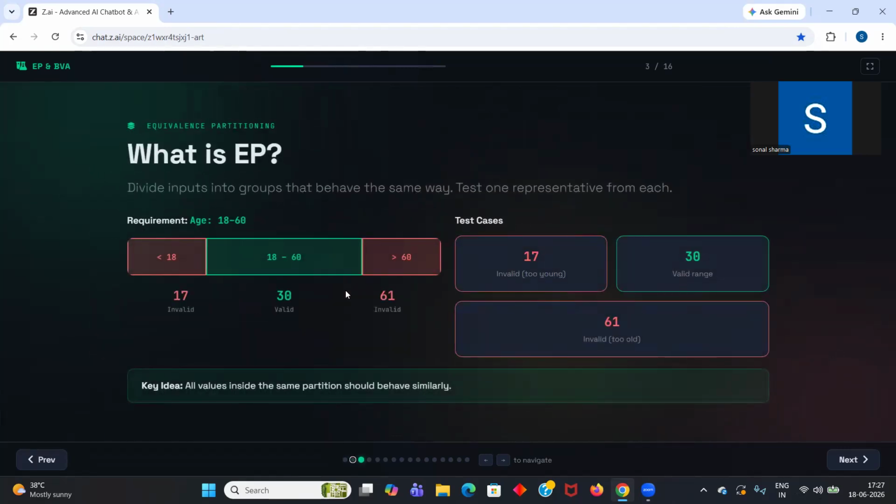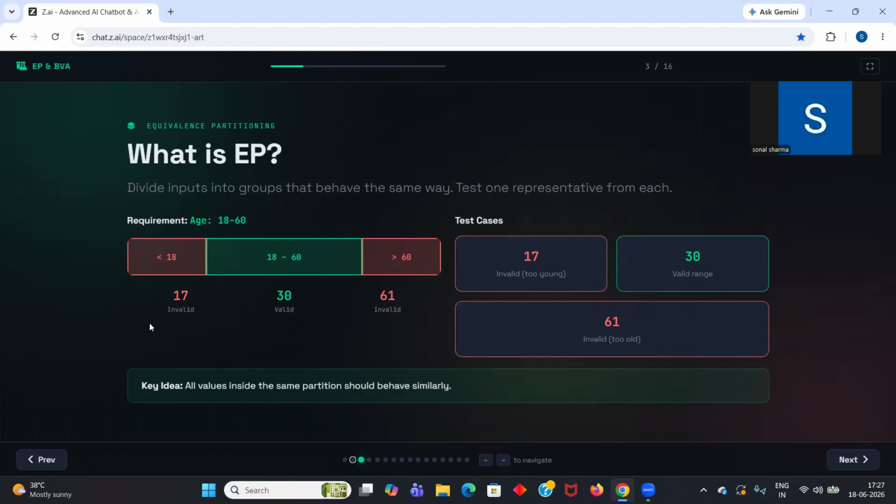So what is equivalence partitioning? The basic idea of equivalence partitioning is to divide your input into groups that behave the same way, and you need to test only one representative from each group. For example, your requirement was age should be between 18 to 60.